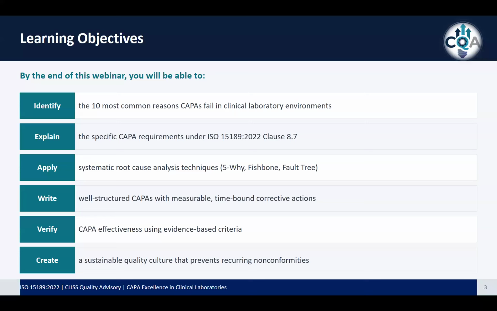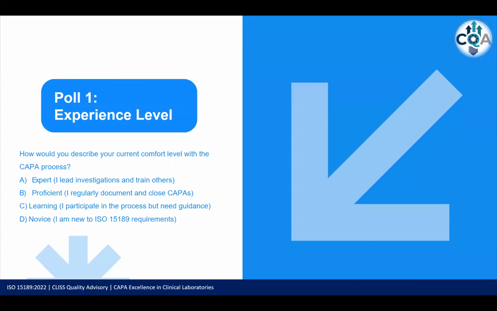We will also help you write well-structured CAPAs with measurable, time-bound corrective actions. We will also give you insights on verifying effectiveness using evidence-based criteria, and then create a sustainable quality culture that prevents recurring non-conformities. Maybe before we move on, we would want to know who is joining us today.